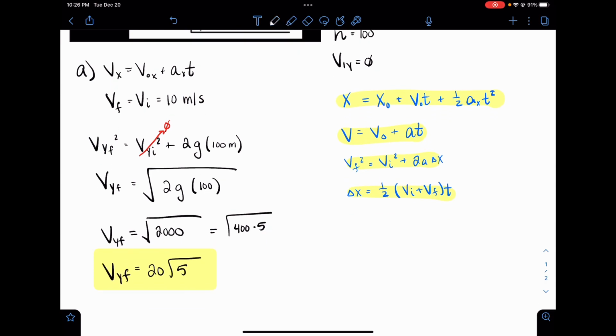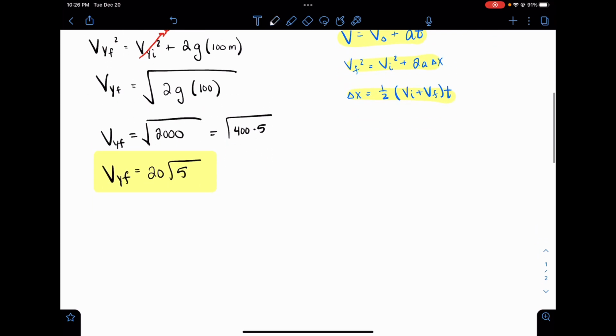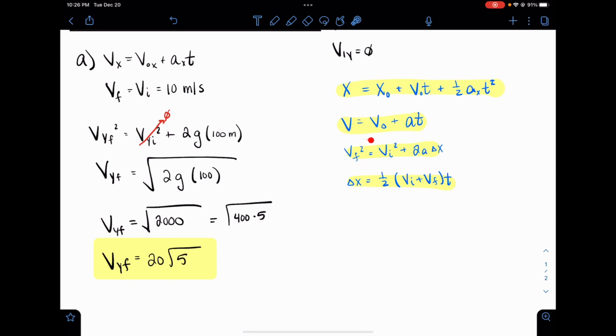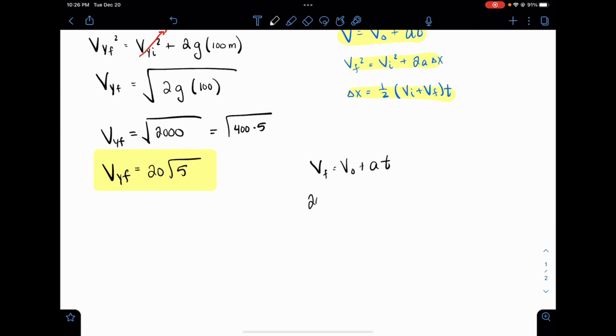It's worth noting from this point, we can also find time in flight, which can be relevant. You will just simply plug back into this equation right here, because we are not dealing with position necessarily. So our v final equals v original plus acceleration times time. So we have 20 times square root 5 equals 0 plus g times time.